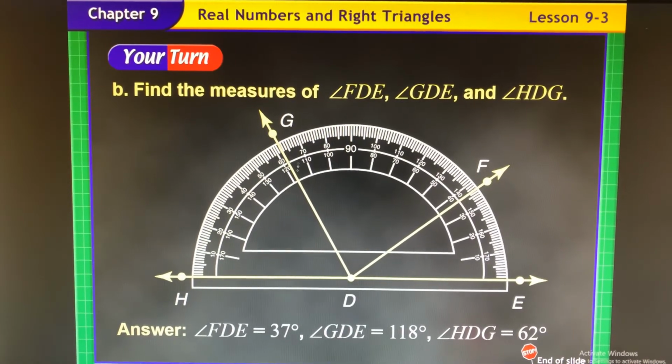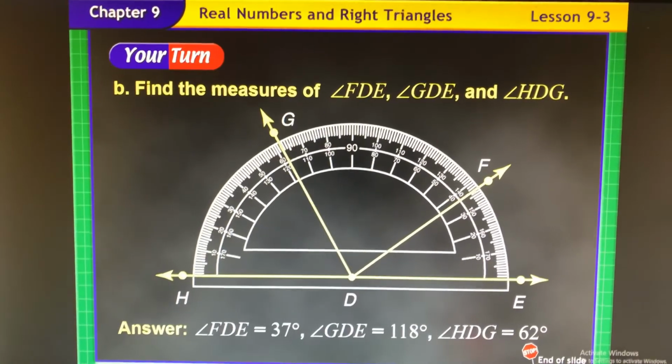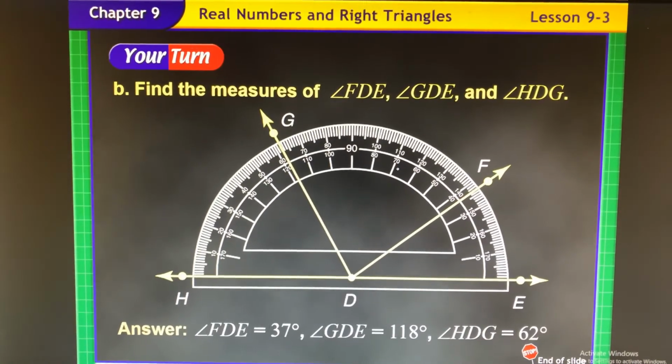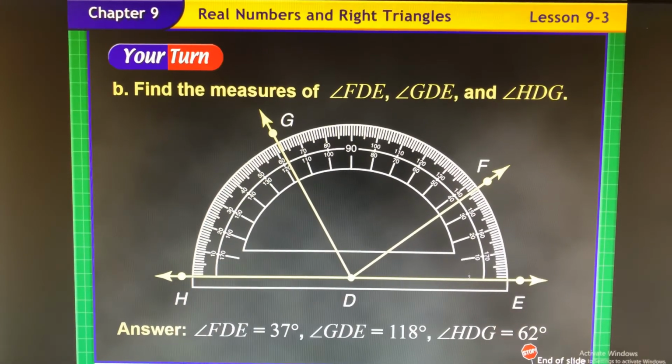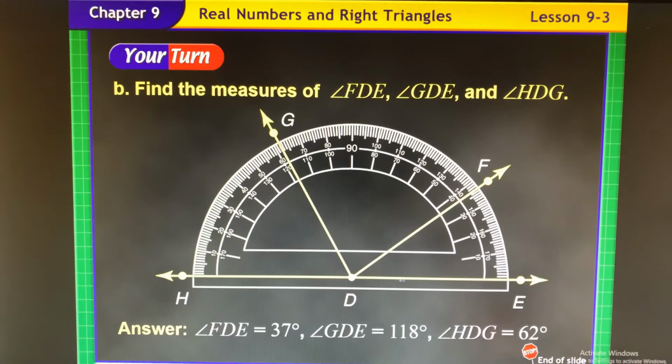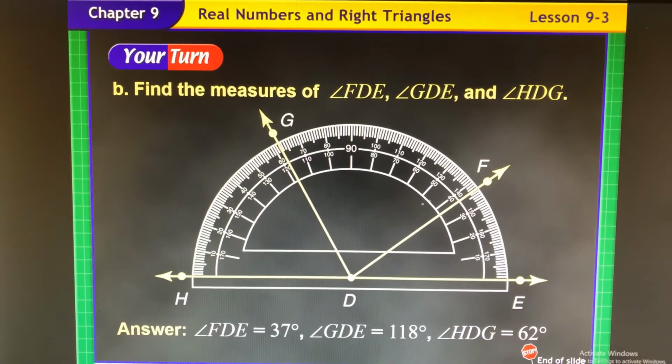FDG right here, FDG. FDG is different. So if this wasn't on the screen and it was on a piece of paper, I would take my protractor and I would turn it so that this bottom line right here lined up on this line, but it didn't do that for us. So we have to count, so remember, starting at 0.